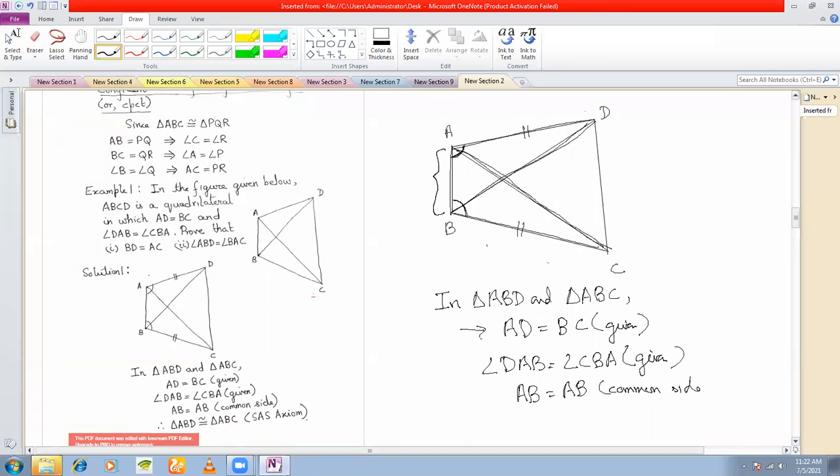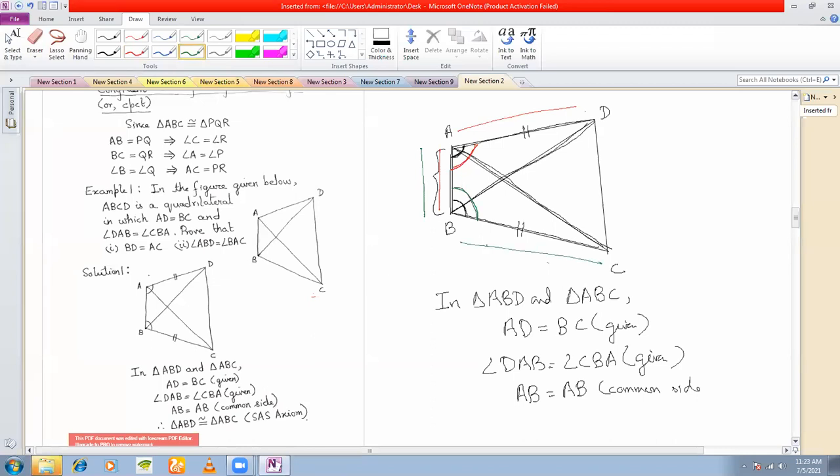So what do we see here? We have two sides equal, and we have one angle equal, isn't it? So now we'll decide by which axiom we can say these are congruent. So how will I decide? I will again look at the triangle. This angle here is the included angle, right? Now you see the other triangle, this angle is here. This is the equal side. This is another equal side.